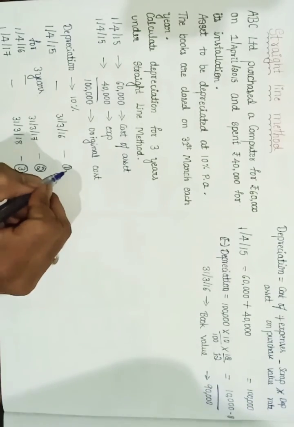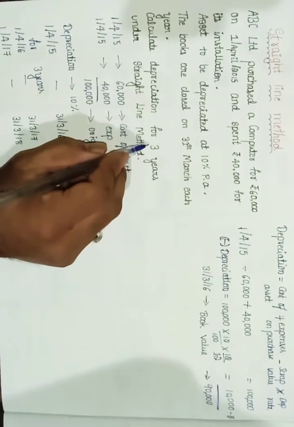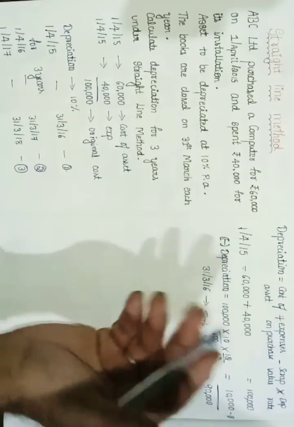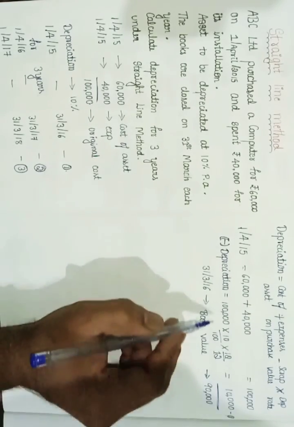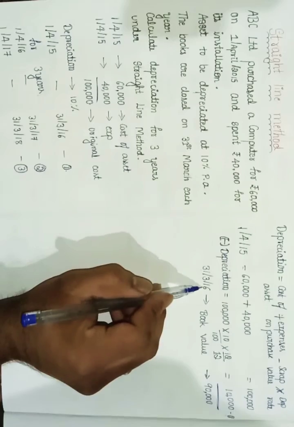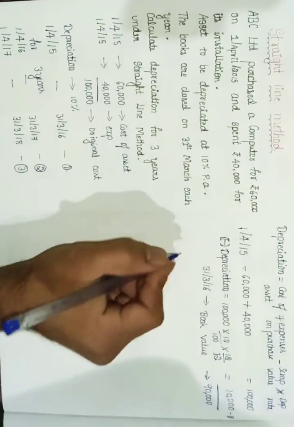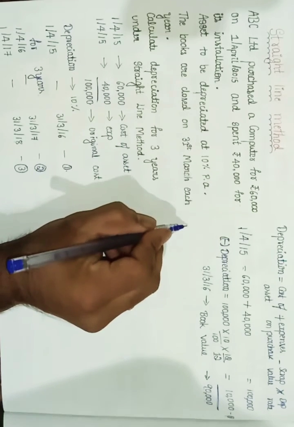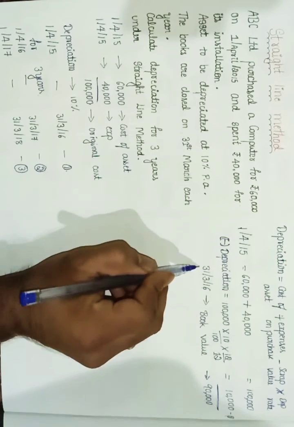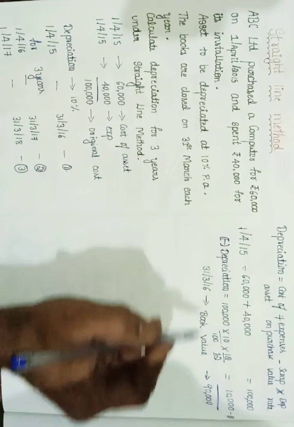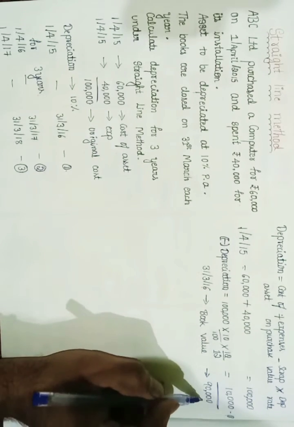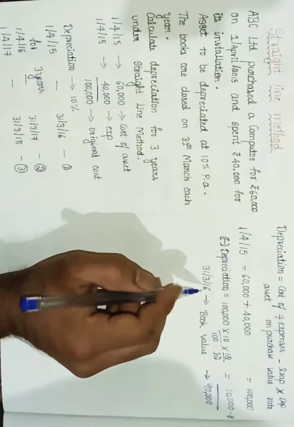So we calculated for the first year, and in the question they are asking for 3 years, which means we need to calculate 2 more years. On 31st March 2016, we have 90,000 rupees worth of asset, which means on the next day, 1st April 2016, we definitely have 90,000 rupees worth of asset.